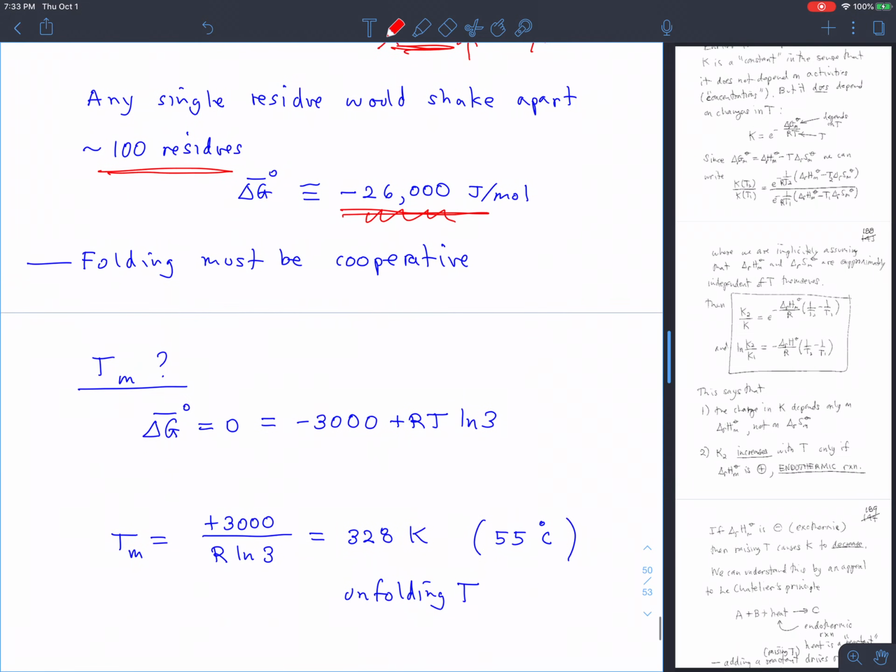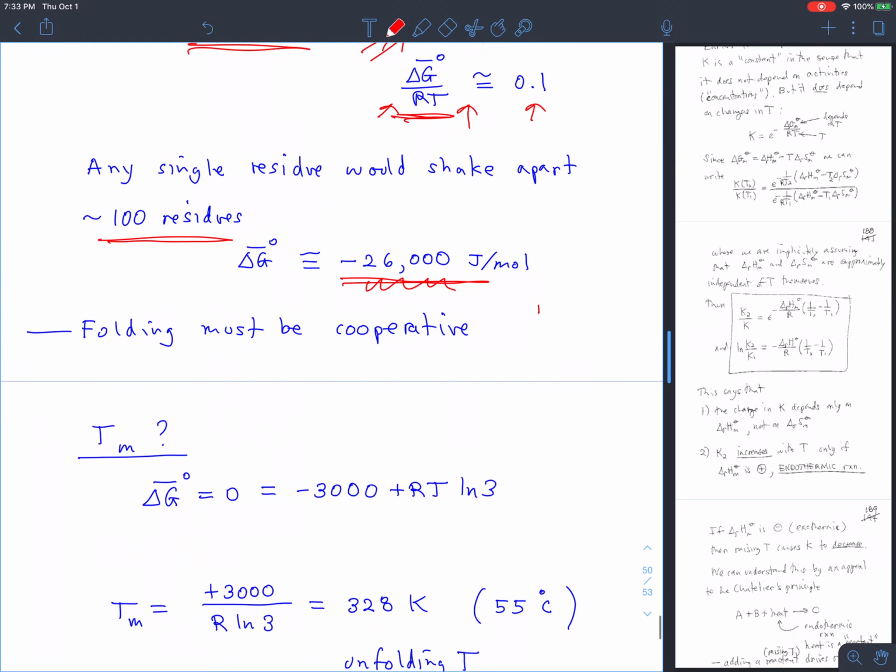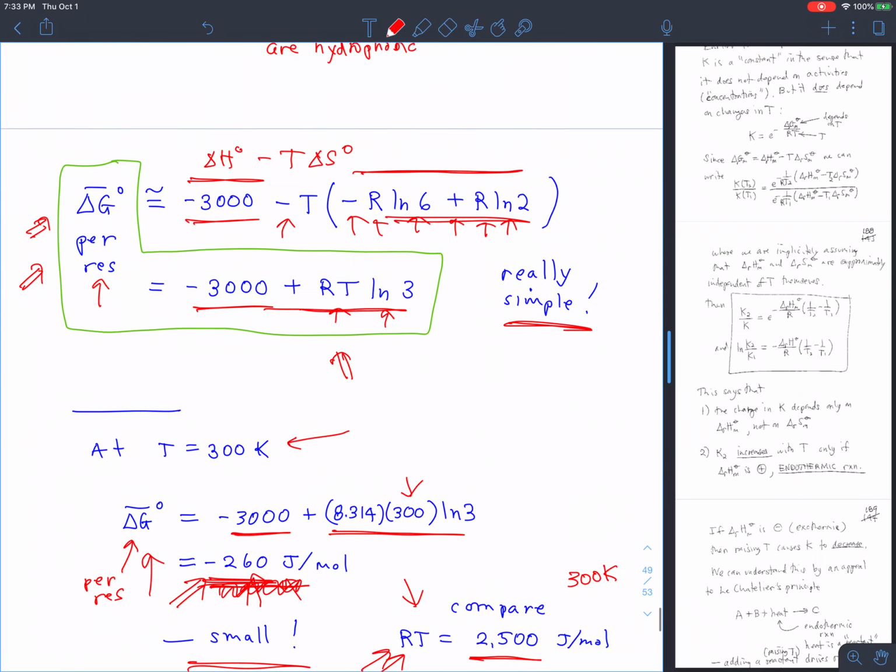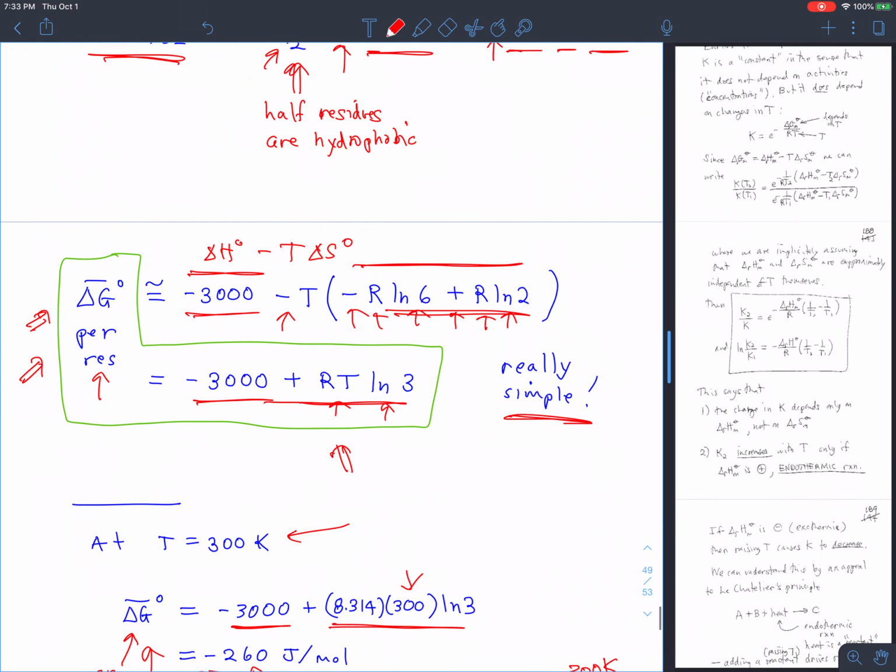Another thing we can do is calculate, all right, that was true at 300 K, but what if we start changing the temperature? If we look at this formula here, you can see we've got a favorable negative contribution from the delta H's. We've got a net unfavorable contribution from the delta S, right?